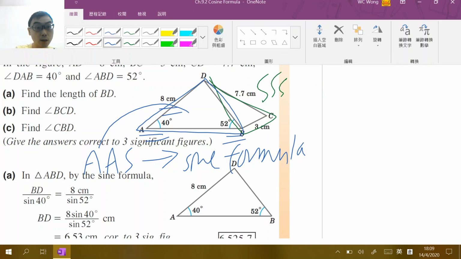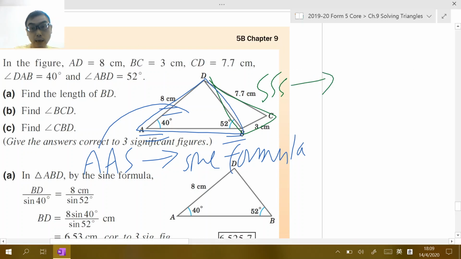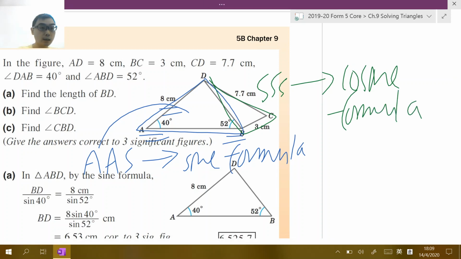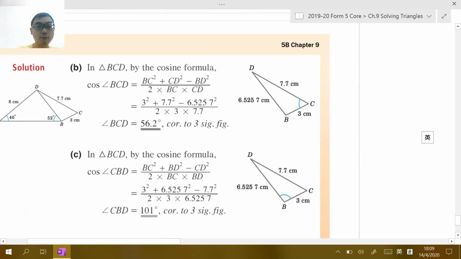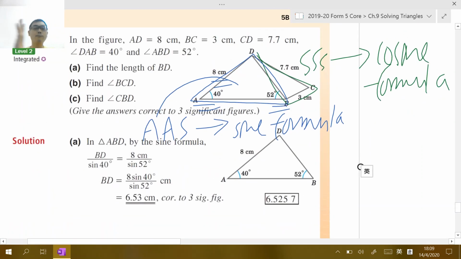So do remember that I should use the cosine formula instead. Practically, in a problem you may have to combine both formulas to solve it, because the figure itself may consist of more than one triangle, so be careful about this.